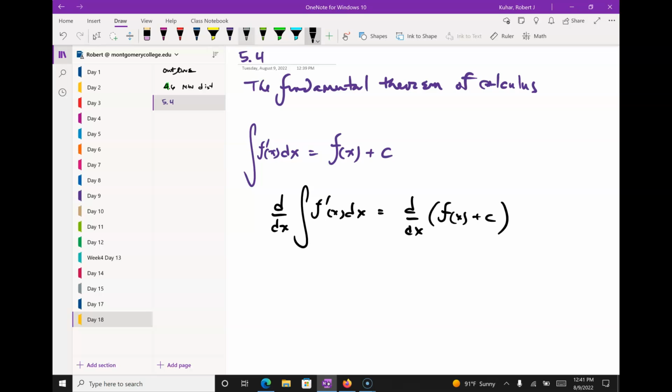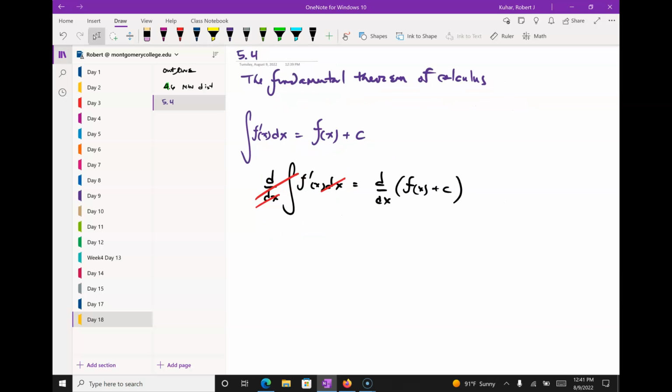The derivative and the integral are inverse operations, right? Derivative, integral, cancel. Dx over dx, cancel, right? Do you see it? So the first part of the fundamental theorem of calculus says that getting a derivative and getting an integral are inverse operations. They undo each other.